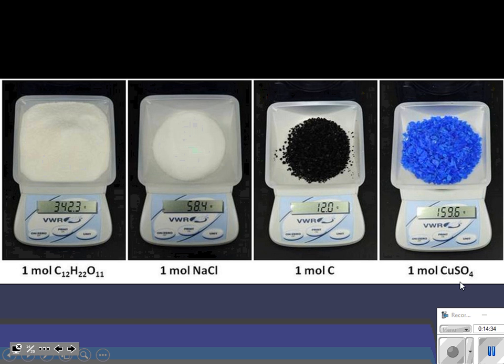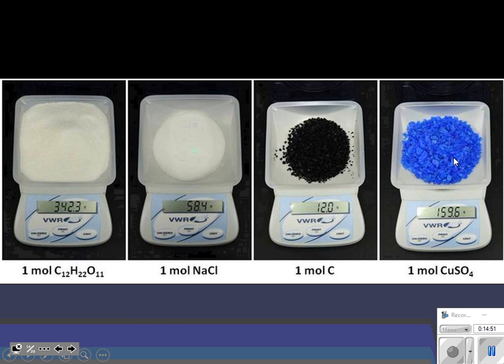Now, ladies and gentlemen, we just went through nomenclature. You should know that this is copper 2 sulfate. Copper 2 sulfate, 1 mole of it right here. 59.6 grams of copper 2 sulfate.